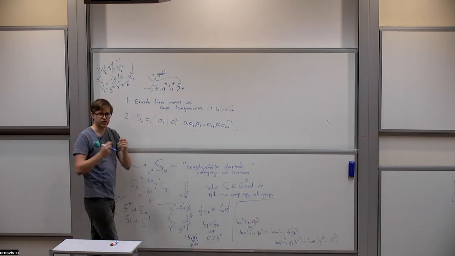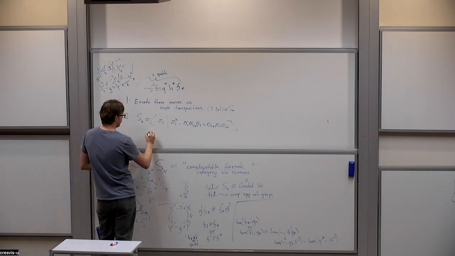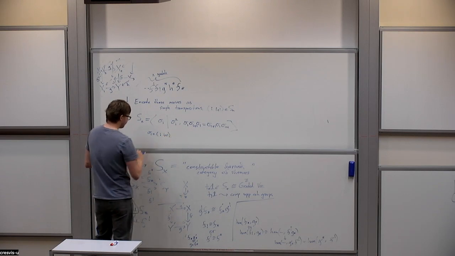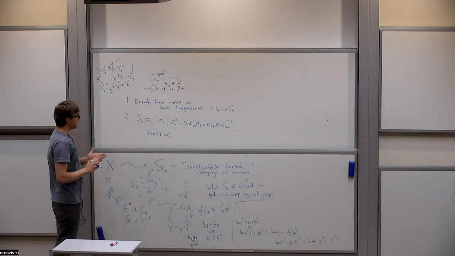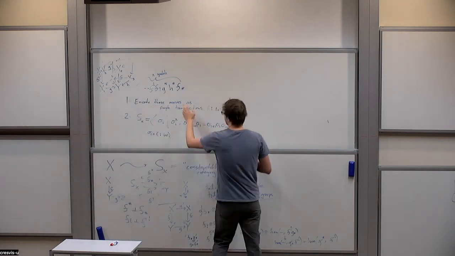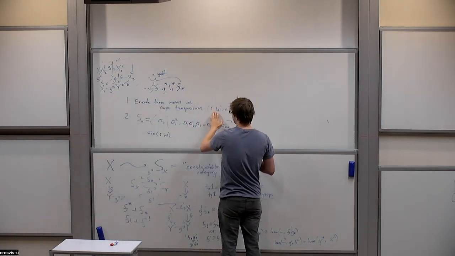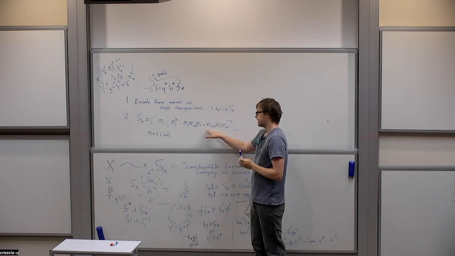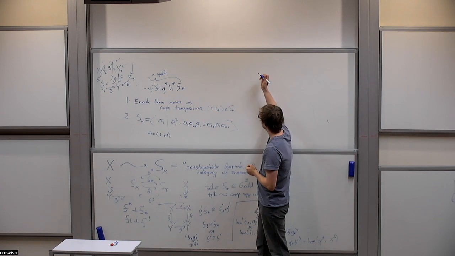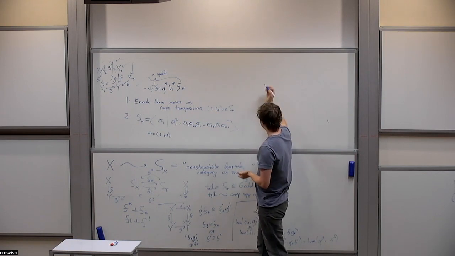So you can braid adjacent simple transpositions, sigma i and sigma i plus 1. Great. So now the strategy is to just check that if we interpret moves as transpositions, that they satisfy the braid relations. Okay, so what do I mean by this?